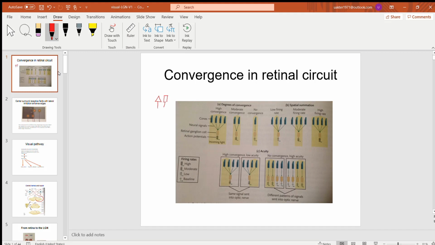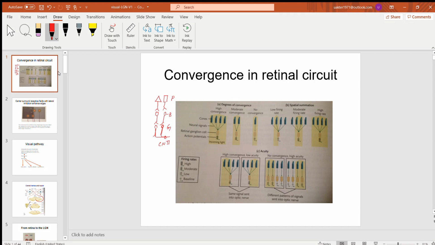And then you have the bipolar cell layer, and then the innermost layer is the ganglion cell layer, right? And the ganglion cells receive the signal from the bipolar cells. These are the photoreceptors, okay? Ganglion cells. And the axons of ganglion cells form the optic nerve, okay? Cranial nerve number 2. Okay.